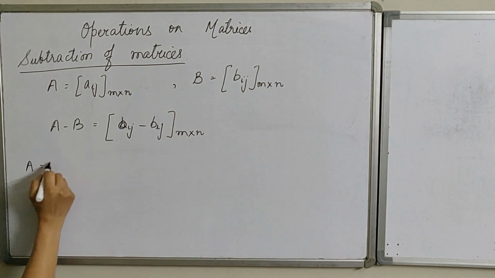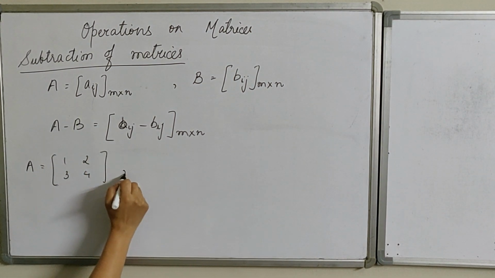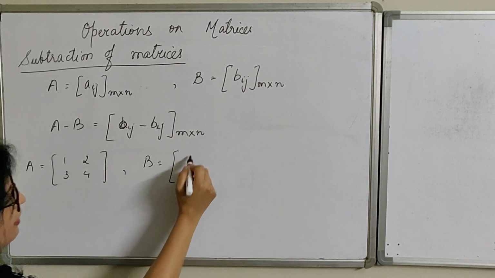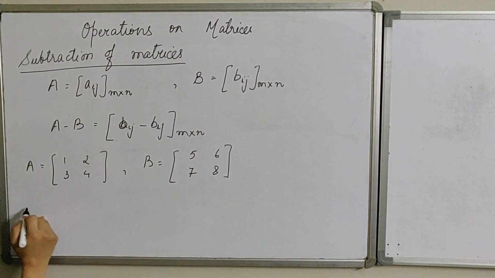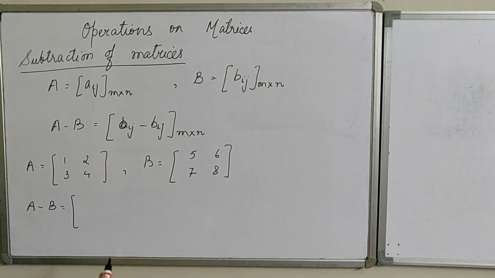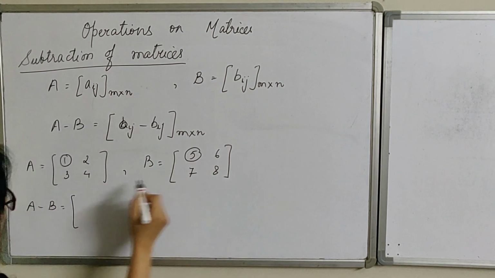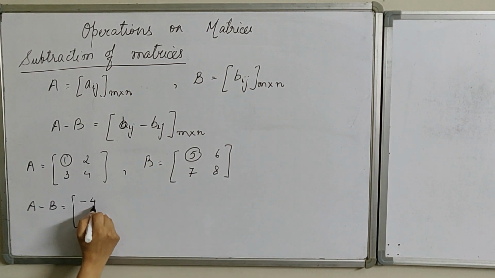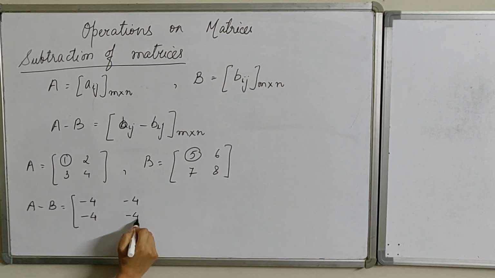So if matrix A is 1, 2, 3, 4 and matrix B has elements 5, 6, 7, 8, then A minus B is possible because A and B have the same order, and subtraction takes place by subtracting corresponding elements. So 1 minus 5, 2 minus 6, 3 minus 7, 4 minus 8.